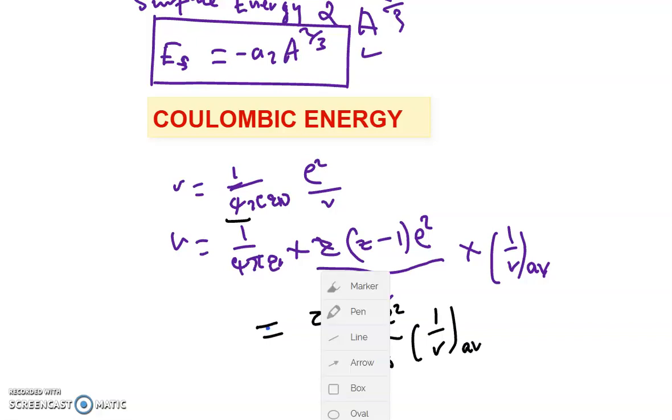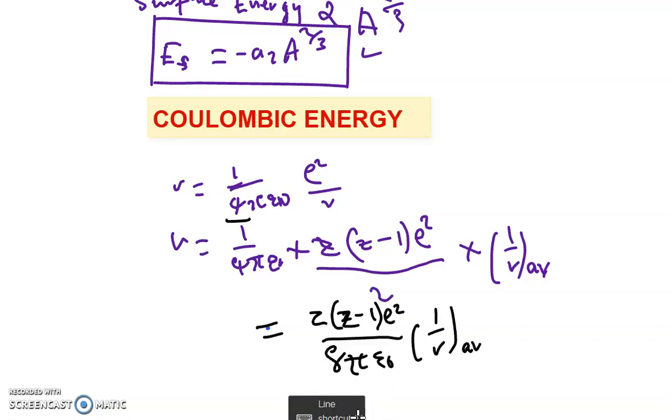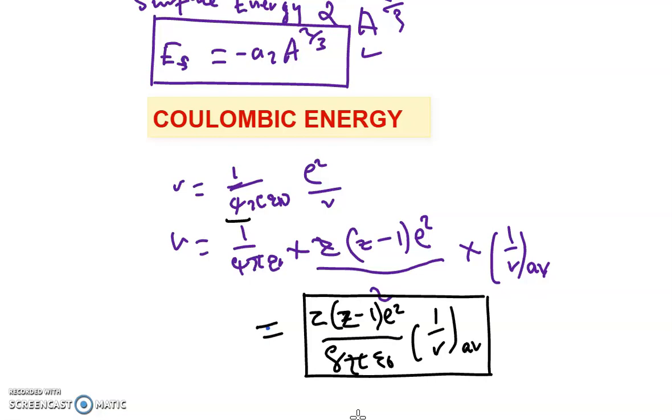It becomes 8 pi because we have 4 pi epsilon naught and the 2 multiplied by the 4 gives us 8. This is the expression that will help us establish what Coulombic energy is.